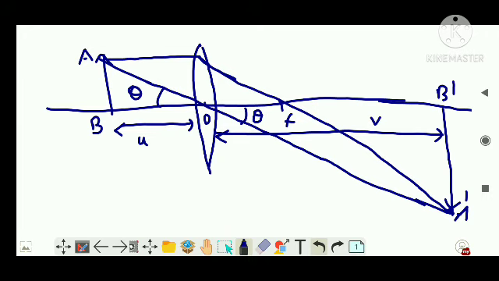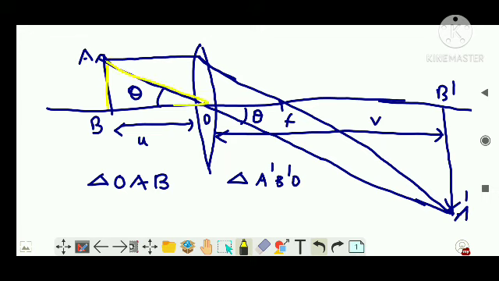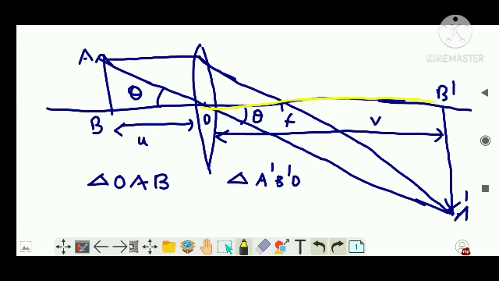Now let us take the triangle OAB and triangle A dash B dash O. Clear? I'm going to take another color to make you understand. This is OAB, and the other one is O A dash B dash triangle. There are only two triangles which you can see.